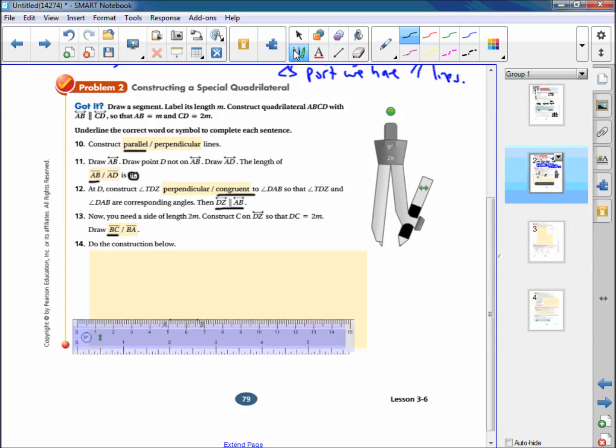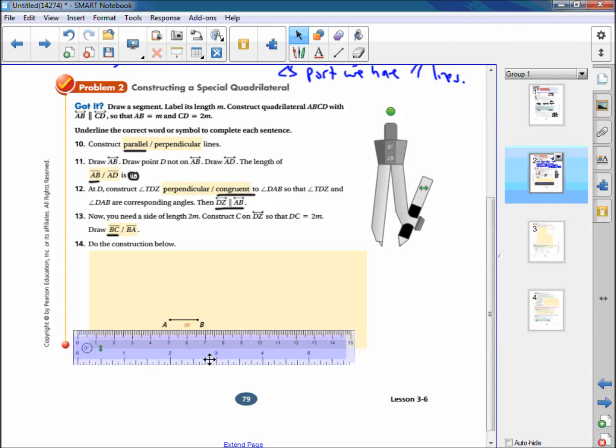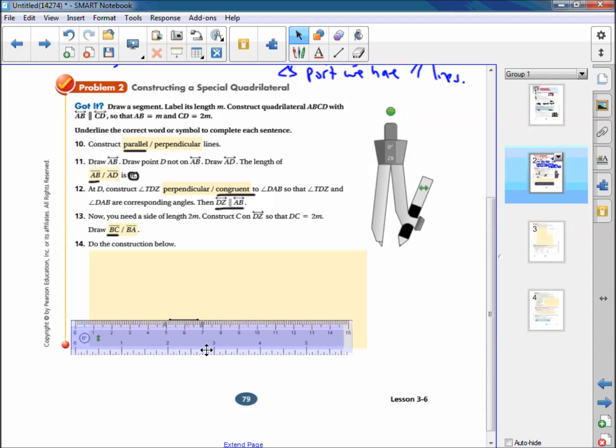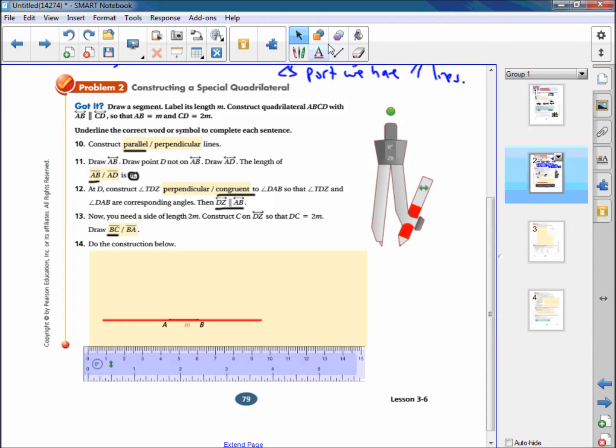All right, so the first thing we're supposed to do is draw AB into a line. So we have AB, the segment that we drew, so construct AB. We already have that length, and then we're going to extend it into a line so we can see what's going on. Let me use a different color there so we can see it a little better. I took AB and made it a line instead of a segment.